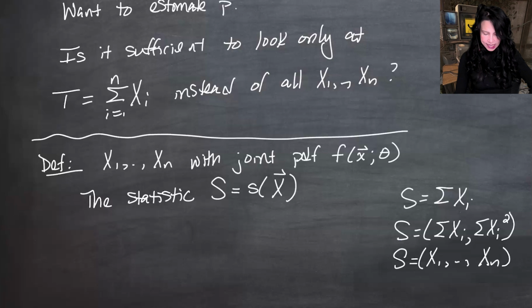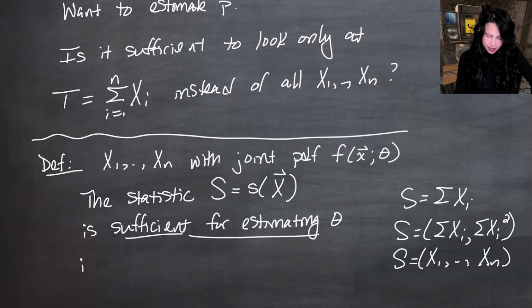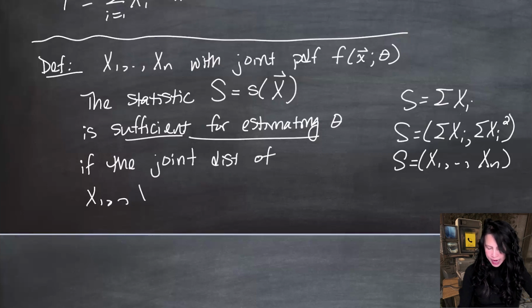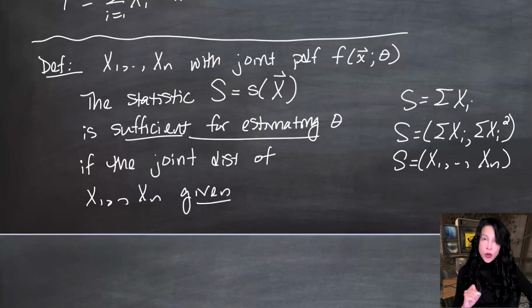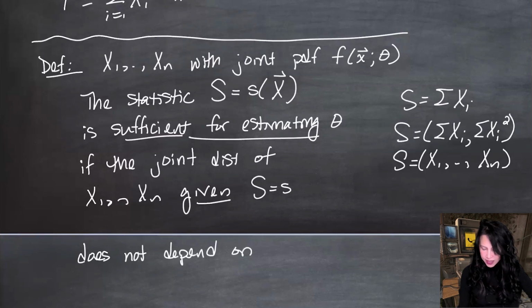But the statistic is sufficient for, we usually say for theta, but I'm going to say for estimating theta if the joint distribution of x1 through xn, conditional on knowing the value of the statistic, so given that s equals some value, does not depend on the unknown theta.